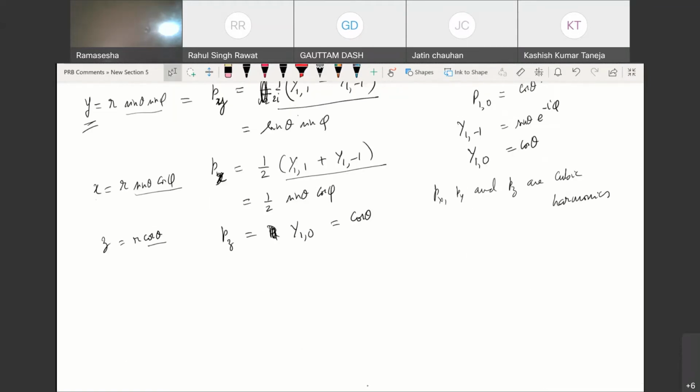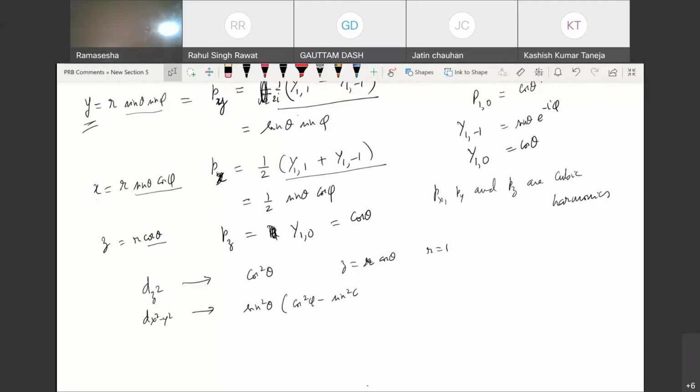Similarly, you can see that if I take out the unit here, then z squared is constant, and x squared and y squared give cos squared phi minus sin squared phi.